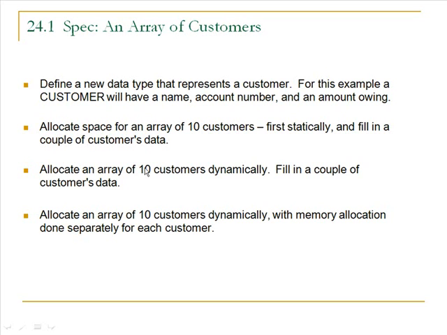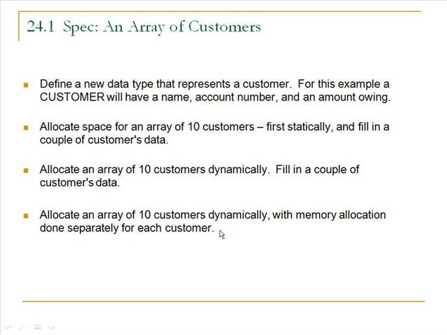Okay, we allocated an array of 10 customers dynamically, and we filled in a couple of customers' data. Now this one is different. Allocate 10 customers dynamically, with the memory allocation done separately for each customer. Okay, here's the issue.